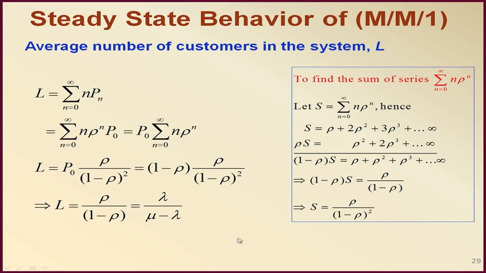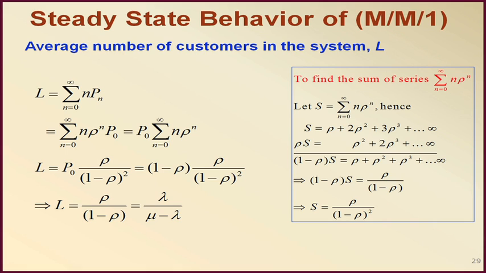Then let us look at how L is obtained, right. These derivations are to understand really, because the average number of customers in the system is an expected value. The number of people could be anything from 0 to n.